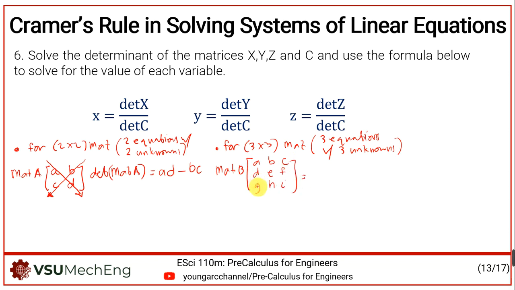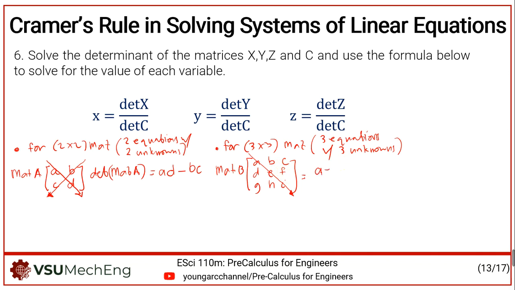Now we're going to use the basket method. Same with the first, we will create some diagonals. So start from a diagonal that is drawn from top left to bottom right. So a, e, i. Since we are now on a 3 by 3 matrix, the number of products that appears here is 3.